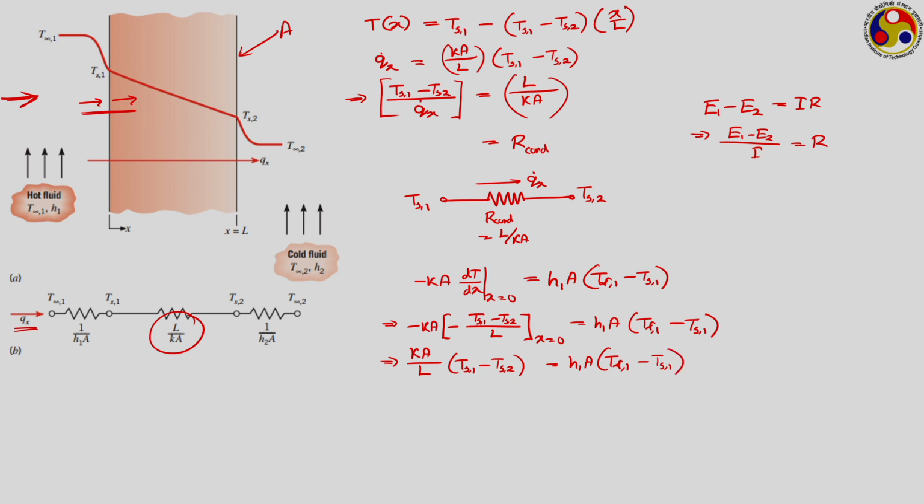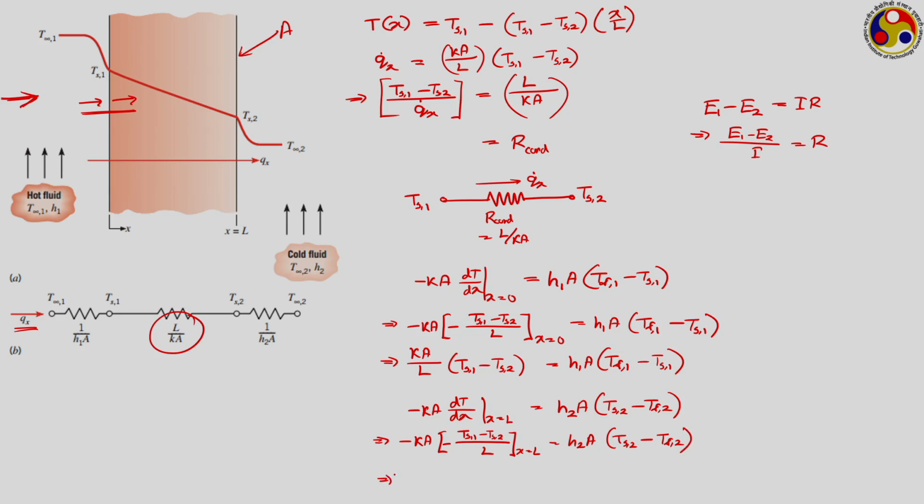Similarly, if we write the energy balance, applying the convective boundary condition at x equal to L, then what can we write? Minus K A dT/dx at x equal to L is equal to the corresponding convective heat transfer rate, which will be H2 into area into (T s 2 minus T infinity 2). That is minus K A into temperature gradient, (T s 1 minus T s 2) upon L, at x equal to L is equal to H2 A (T s 2 minus T infinity 2).